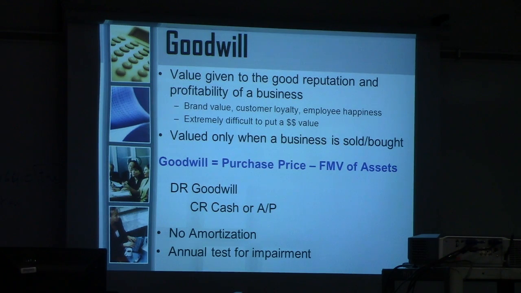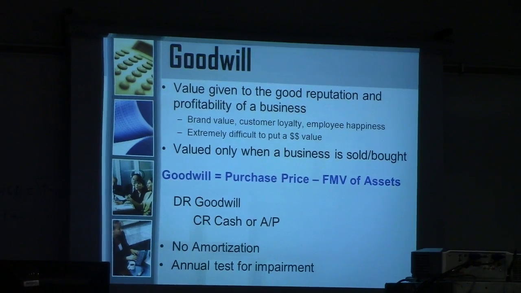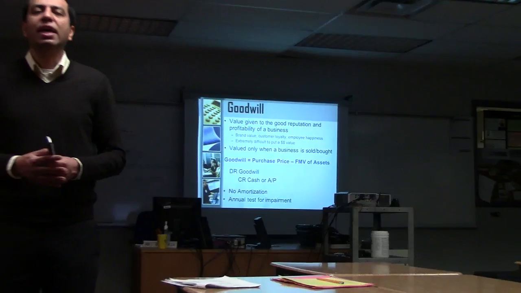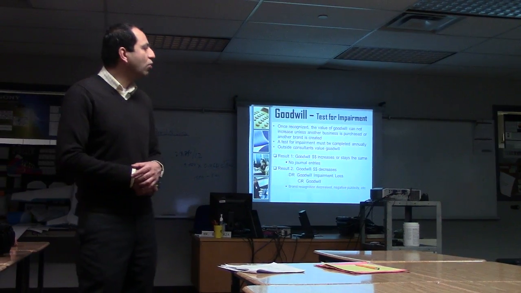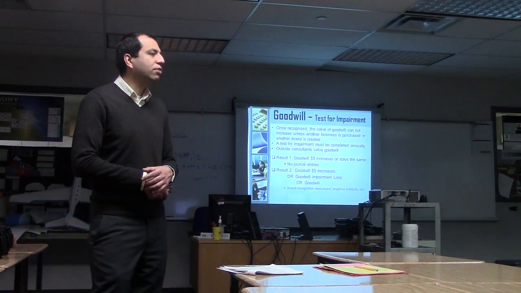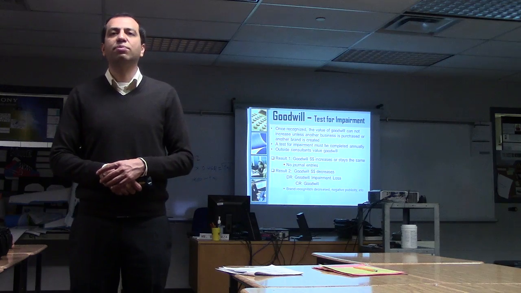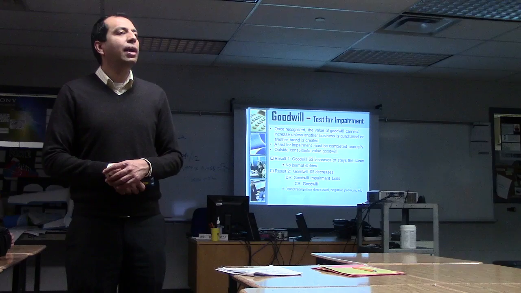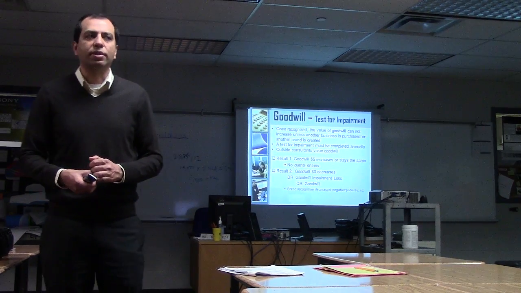But you do a test for impairment every year. What this test for impairment includes is an expert looking at the goodwill that you've recorded. Has it gone up or down? If it has gone up, what happens? There is no change in the value of the goodwill. Right? Because it's only gone up based on the outside consultant's value and understanding, assessment, and you do not just arbitrarily increase the value of goodwill on your books.